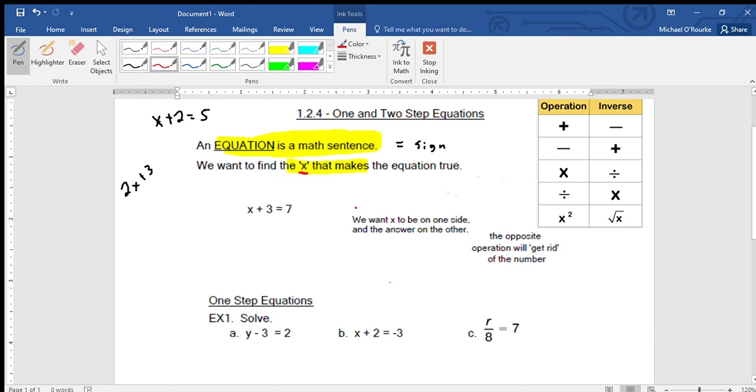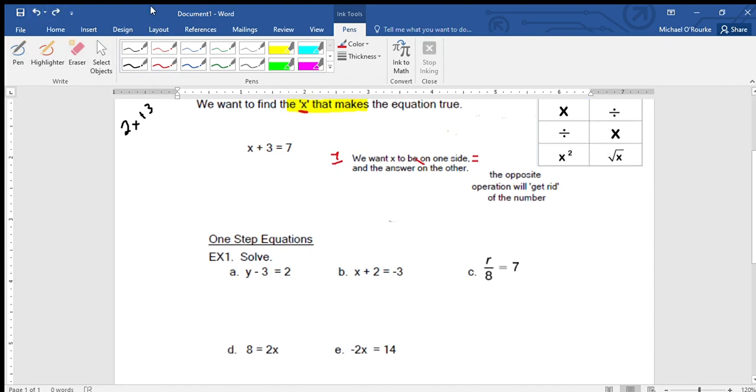Okay, so the steps here are, step 1, we want x on one side of the equal sign, and the answer on the other side. So variables on one side, numbers on the other side. And the key is the opposite operation will get rid of the number. So if you want to move things around, you do opposite operations, okay?